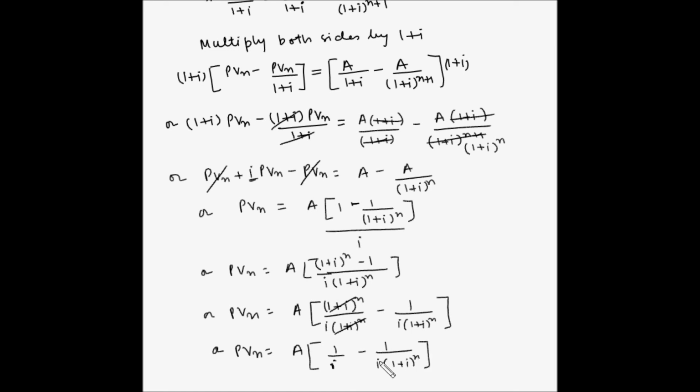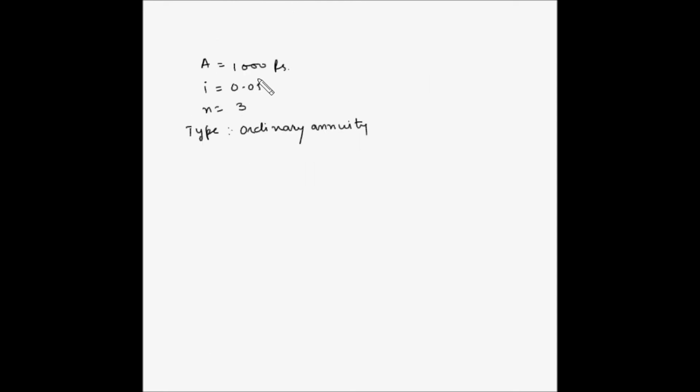Now let's use this formula to calculate the present value that we calculated earlier. So this was the information given to us. The annuity amount is 1000 rupees for 3 years. Interest rate is 5%, so I is 0.05. And the type was ordinary annuity because the payments were at the end of each period. And we had to find the present value.